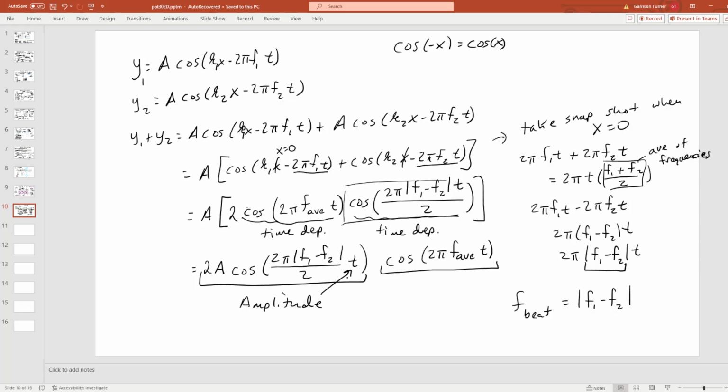And so, why is this useful? Well, one of the most practical applications for this is tuning instruments. When you have two instruments that are perfectly in tune with each other, you will not hear those beats. So guitar players use this when they tune without an electronic tuner. They tune to whatever the lowest string is, and then they tune the next string up from that.